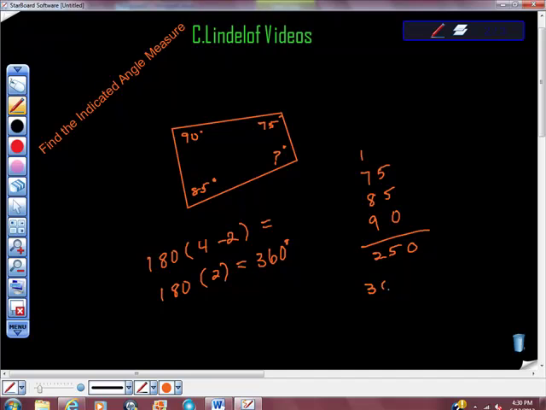So we have 360 minus 250 is equal to 110 degrees. That's my guess there. Are you buying that? Let's make sure I did that right. I'm using my calculator: 75 plus 85 plus 90. Can't afford to be wrong. It's 250. Yes. So this angle right here should be 110 degrees.